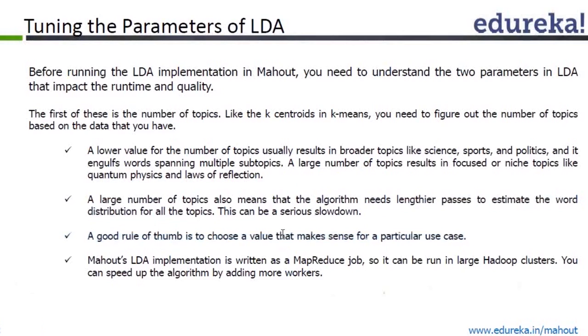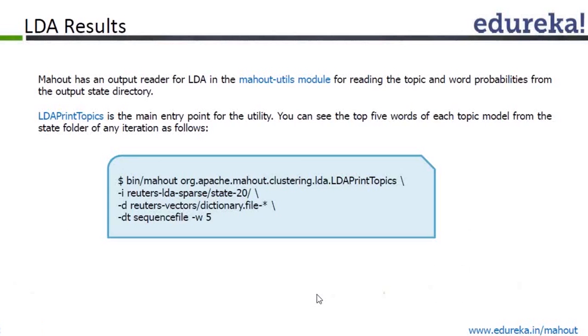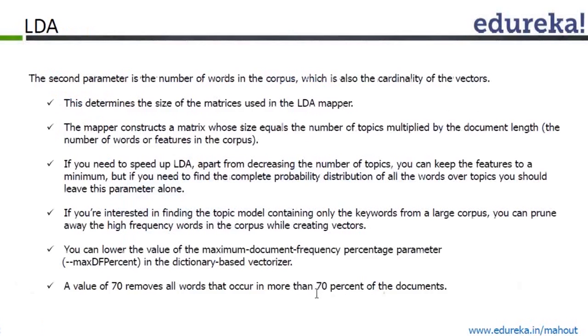A good rule of thumb is to choose the value that makes sense for the particular use case. So it depends upon the use case you choose and the type of data you have, and based on that you arrive at a K value. Mahout's LDA implementation is written as MapReduce, so it can be run on large Hadoop clusters. Both for CVB also, guys.